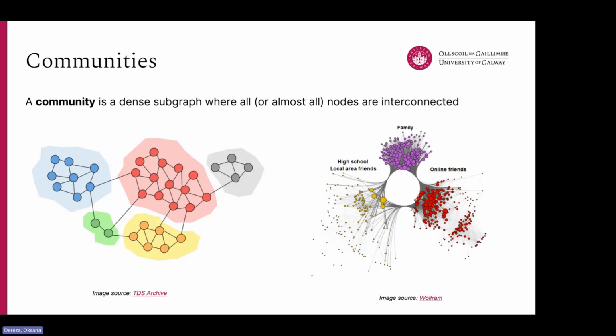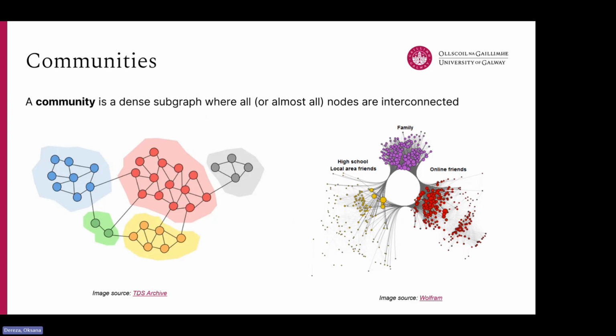Communities are dense subgraphs where all or almost all nodes are interconnected, and they are very important for social network analysis because, in one way or another, especially in small world graphs, nodes are organized into communities. This is just, on the left, how it looks as an abstract model, and on the right is a more real world example.